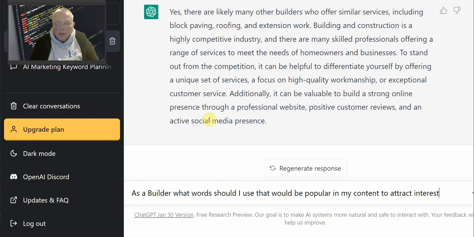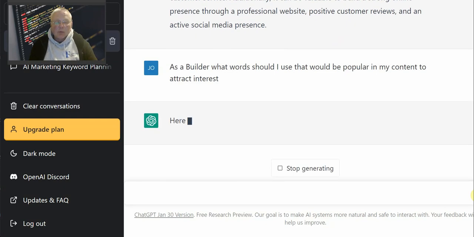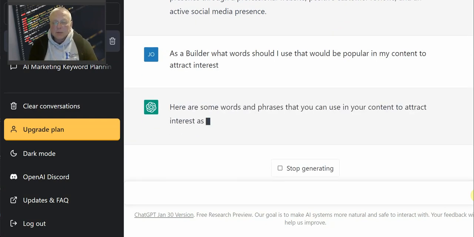I'm working on the fact that these are important areas, obviously. So let's have a see what AI comes back to us.